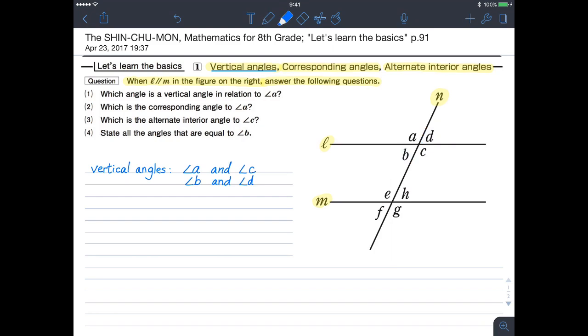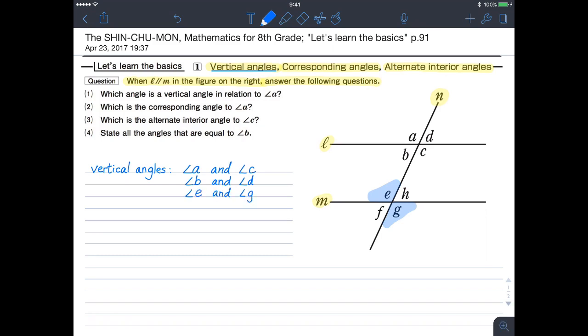Now looking at the intersection of line N and line M, we notice that we also have vertical angles. For example, angle E is diagonally opposite angle G. Therefore, angle E and G are vertical angles.